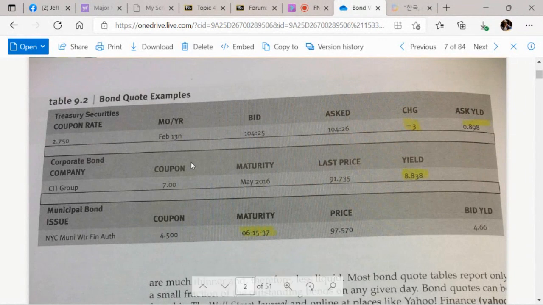But then, how much time is left? I mean, you can tell 2013 is already gone. 2016 is already past. So this example must have been taken prior to 2013 at least. Isn't that right?